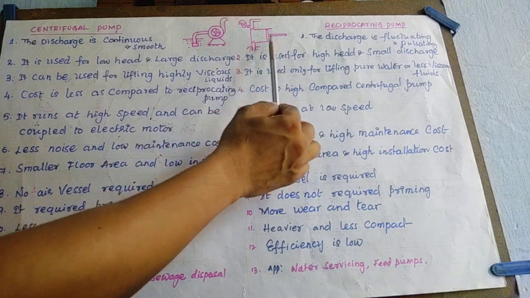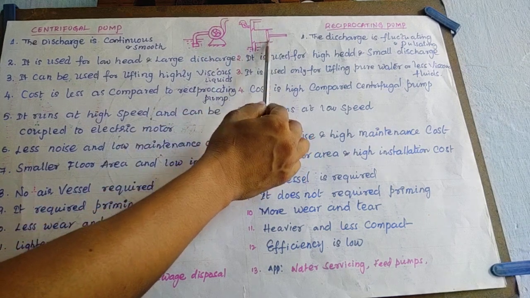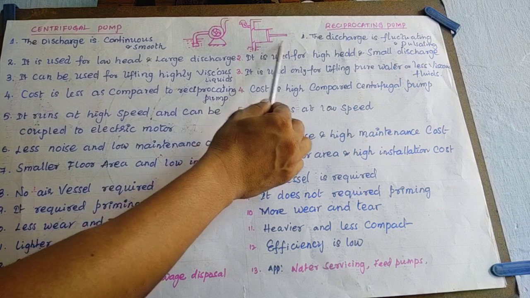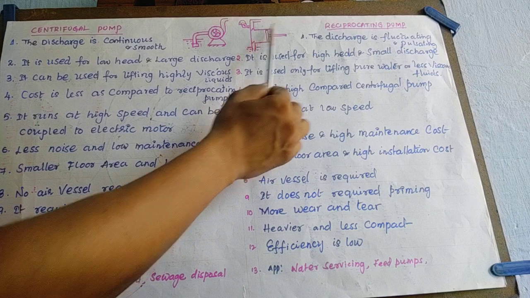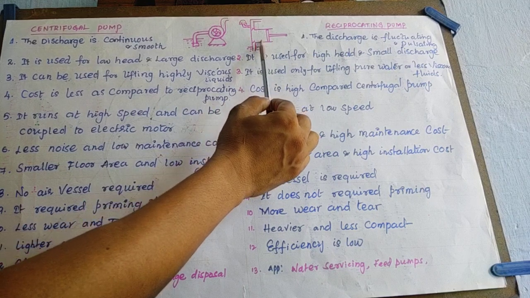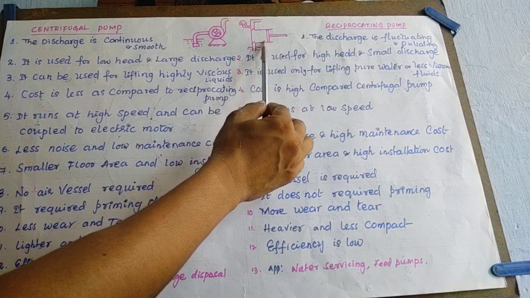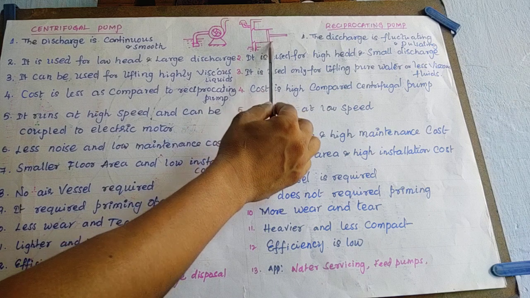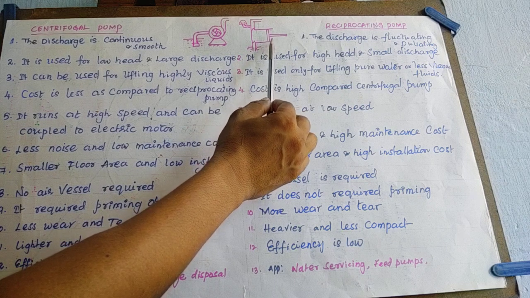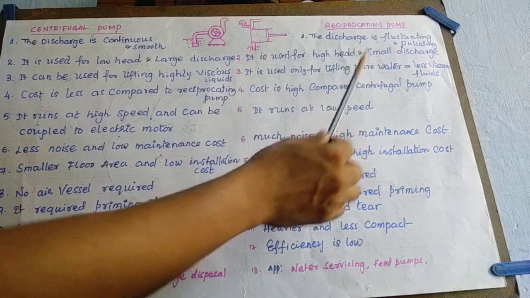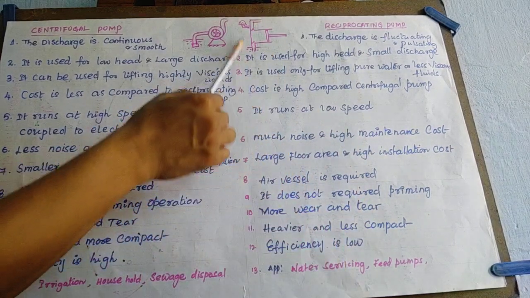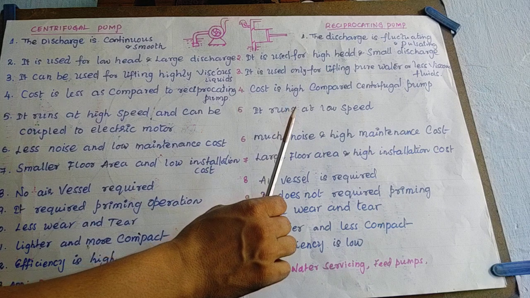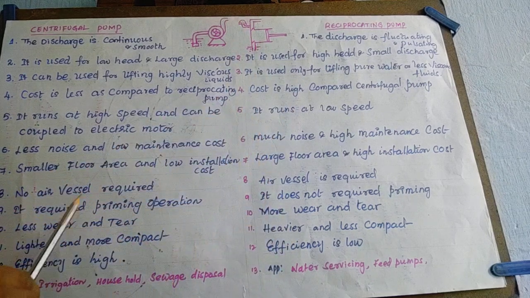But in the reciprocating pump, inside the cylinder, the piston is moving in to-and-fro motion. Due to that, the inside liner is worn by this movement. At the same time, the piston also gets worn, and due to that, more wear and tear is possible in the reciprocating pump due to the moving parts.